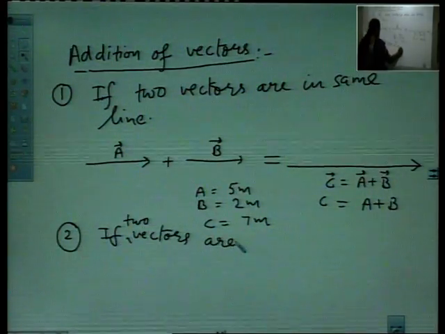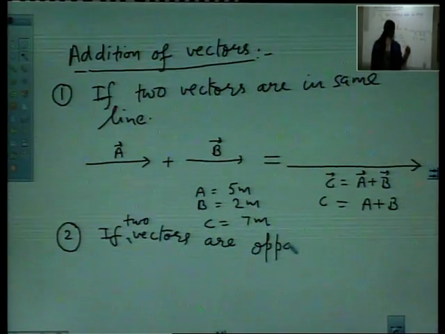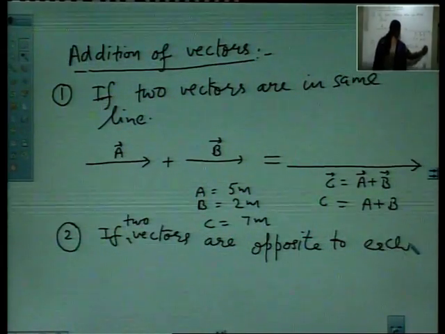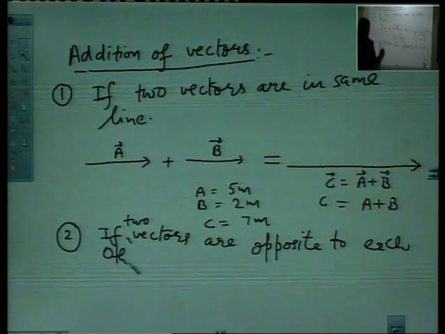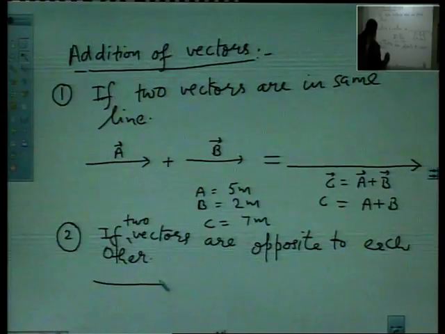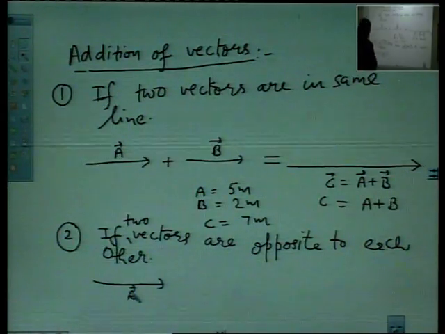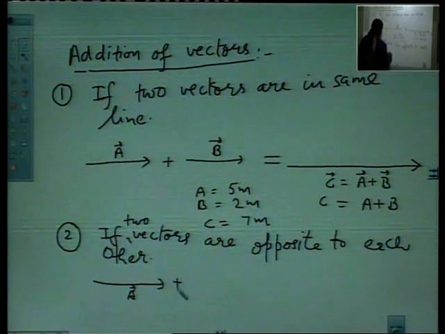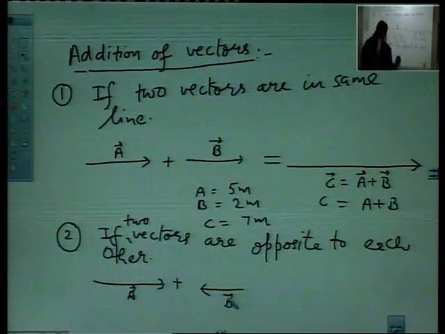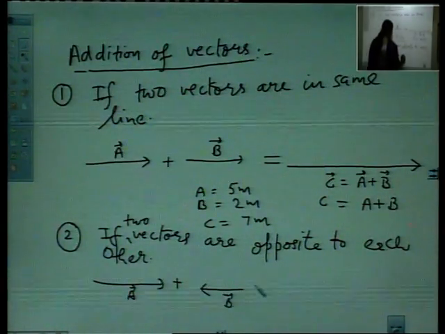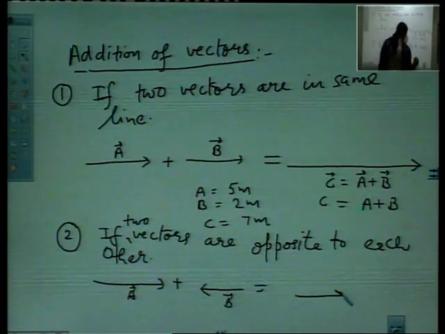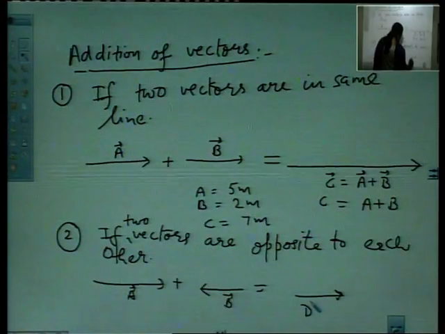So we can add like this. Now if two vectors are opposite to each other, suppose we have two vectors which are opposite in direction. A vector is along this direction and we have to add another vector B which is along this direction. So when we add these two vectors, the result would be, suppose this is D vector.